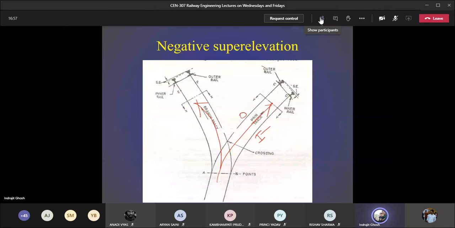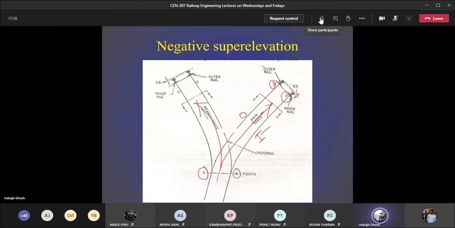If you look at points B, D, this is the inner rail, and A, C is the outer rail. So from our concept, the AC line, the outer rail, will be at a higher elevation, because that is where the super elevation is provided with respect to the inner rail.